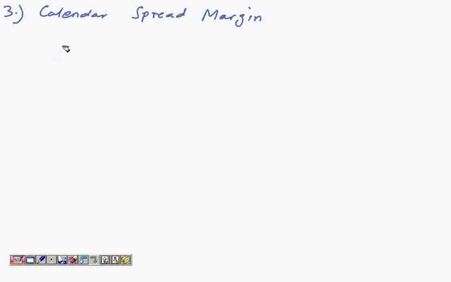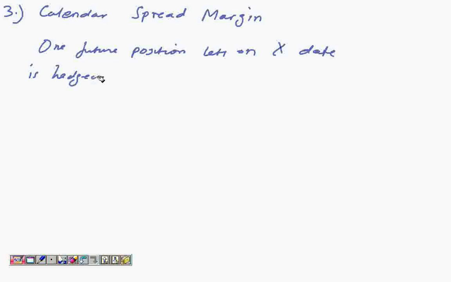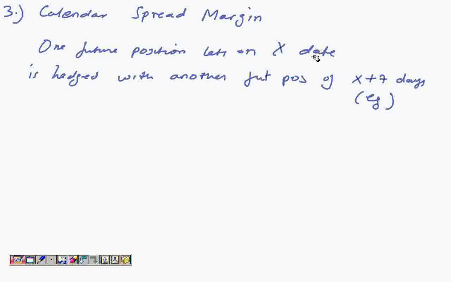Let's say one futures position on X date is hedged with another futures position on, let's say, X plus 7 days. This is just an example. So on one particular date it is hedged with another particular date. That is what a calendar spread was.